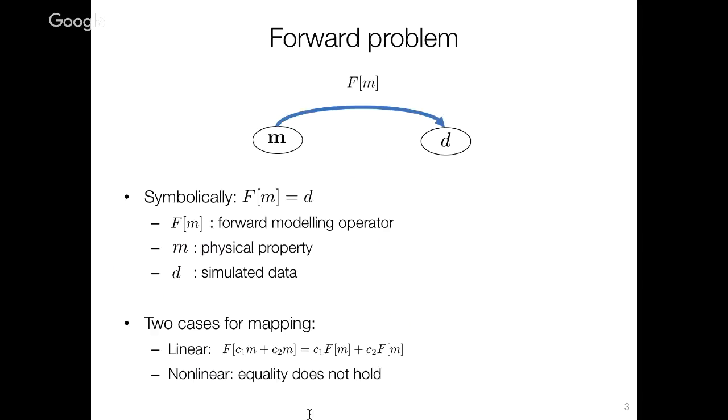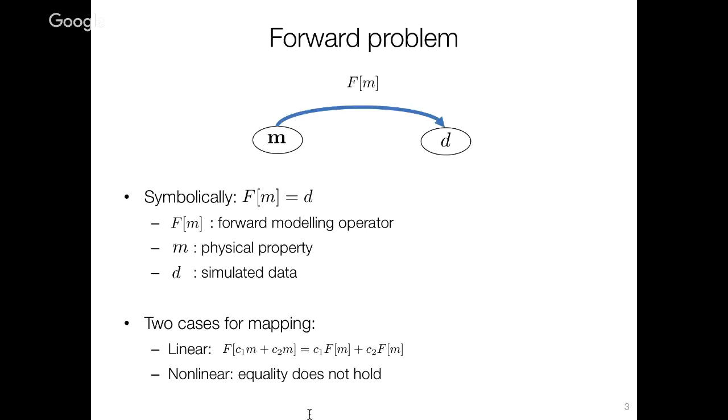There's a couple of kinds of mappings in general. They could be linear, so this could be a linear forward problem, or it could be a nonlinear problem. The difference is that in a linear problem, if we take two models, like M1 and M2, and added them together, we could decompose that into some coefficient for the first model and a coefficient for the second.